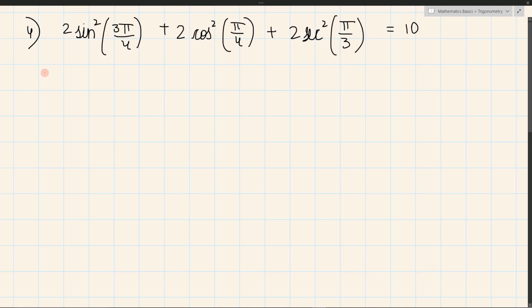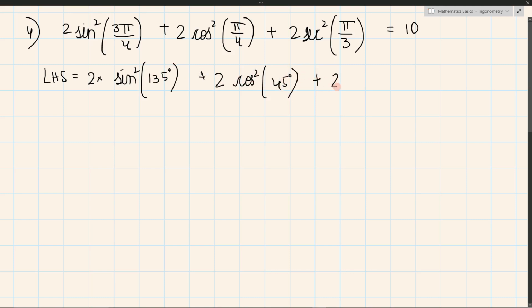Let us consider the LHS. So we have 2 into sin² of 3 into 45, 3 into 45 is 135 degrees, plus 2 cos² 45 degrees plus 2 sec² 60 degrees.